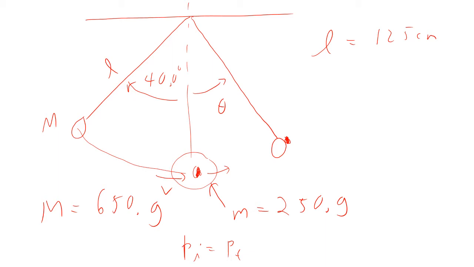So the velocity before the collision comes from this thing swinging. Swinging downward is conservation of energy. So this is actually a little bit more complicated problem because we have to solve this problem in three parts. Before the collision, during the collision, and after the collision.